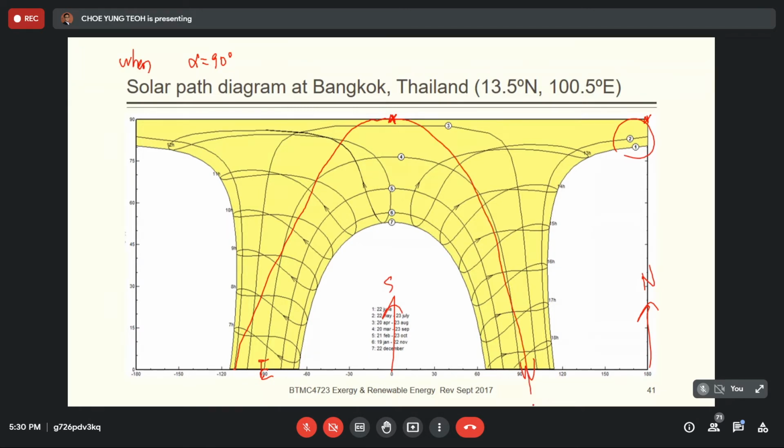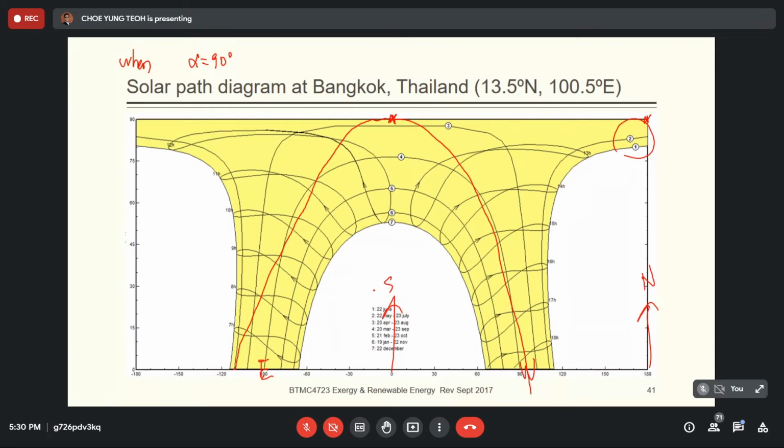And which day is it? Of course, we are not able to identify the exact date, but we can check from the lines. You can see that line 2 is on the north, but line 3 is already to the south. So it means that there is one day between line 2 and line 3 where you have the subsolar point, with alpha equal to 90.